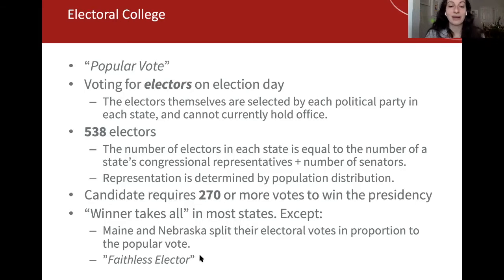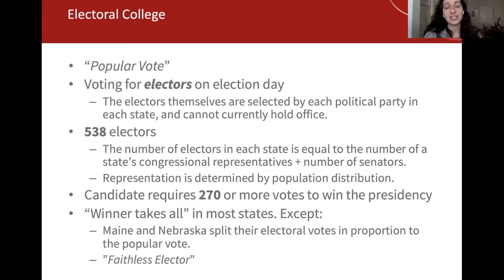We'll get into this a little more, but the other thing to mention about electors is the concept of faithless electors. While it is encouraged, and sometimes mandated in states, that electors vote the way the popular vote determined, there is such a thing as a faithless elector, where an elector votes differently than the popular vote in their state.